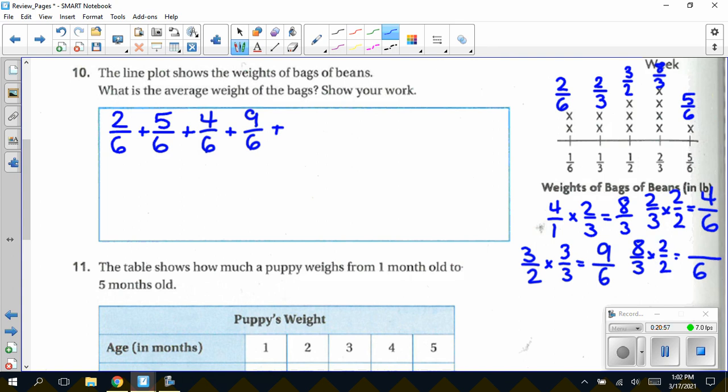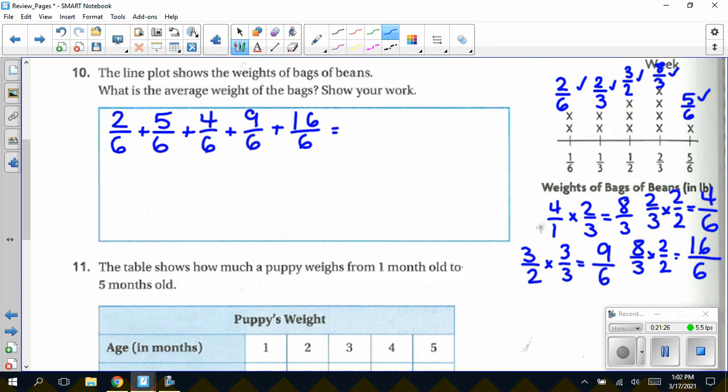So when I multiply 8 times 2, I have 16/6. So I'm just going to double check to make sure I have all of my numbers written down that I have to add. So I have the 2/6, the 5/6, the 2/3, the 3/2, and then the 8/3, all having the denominator now of 6.